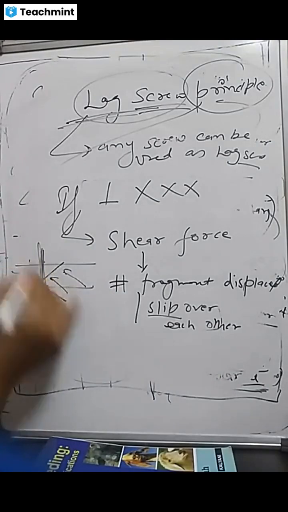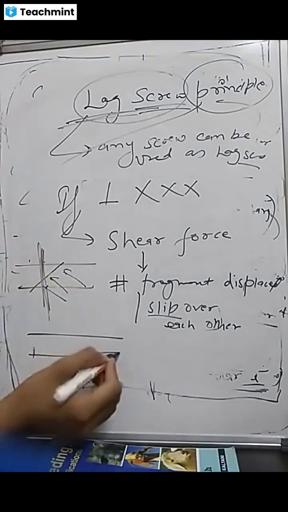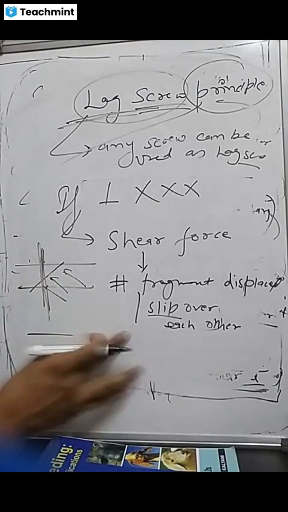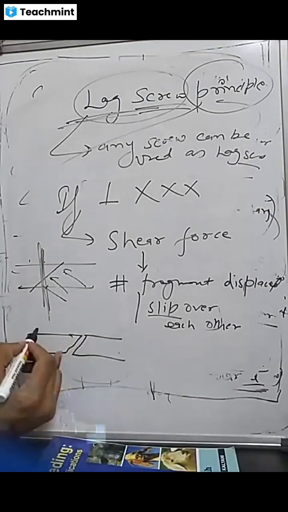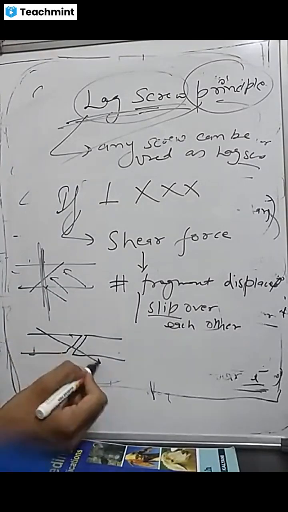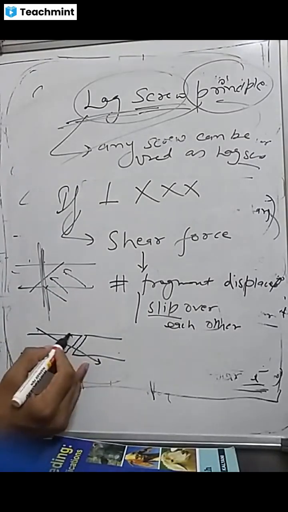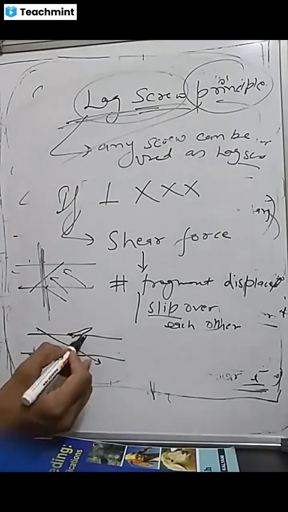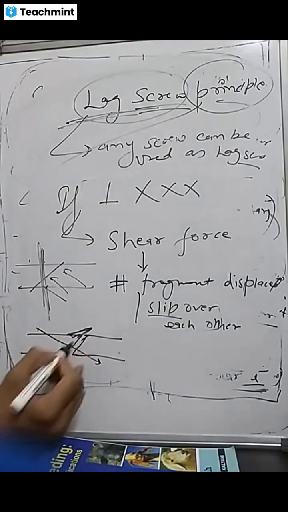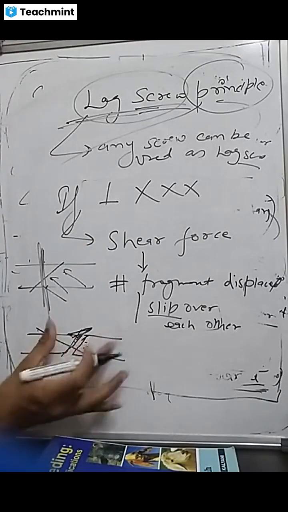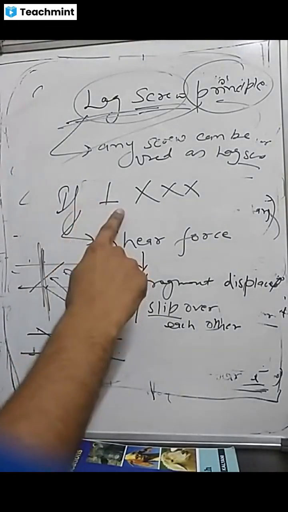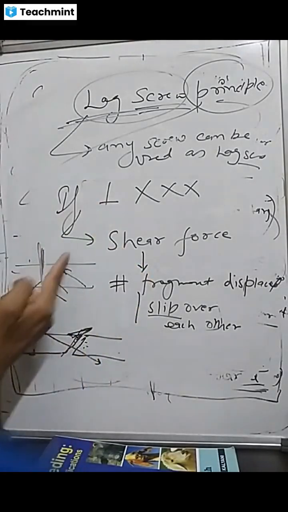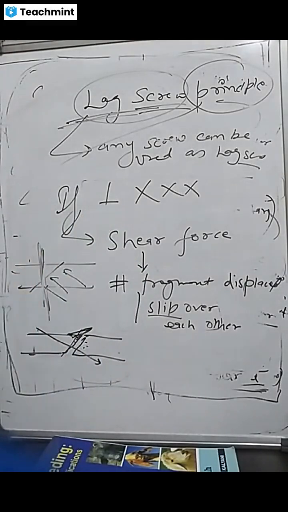If your angle is not good and you put it at 90 degrees to the bone instead, the fracture ends will be displaced, slipping over each other, and will not compress in a perfect manner. The first important rule: apply the lag screw perpendicular to the fracture line.